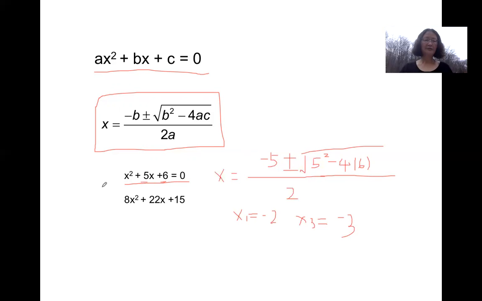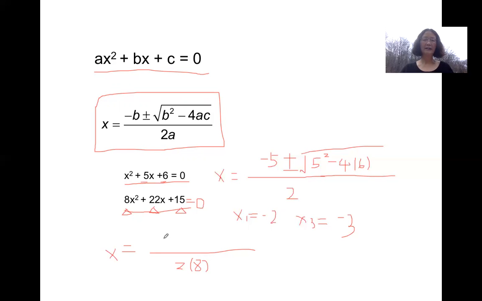And for this one, we also did this one using factoring. So how do you solve it using the formula? I will just show you how to plug in the formula because we already have the result in the previous example. So a equal to 8, b equal to 22, c equal to 15. So x equal to, 2a is the denominator, so 2 multiplied by 8.